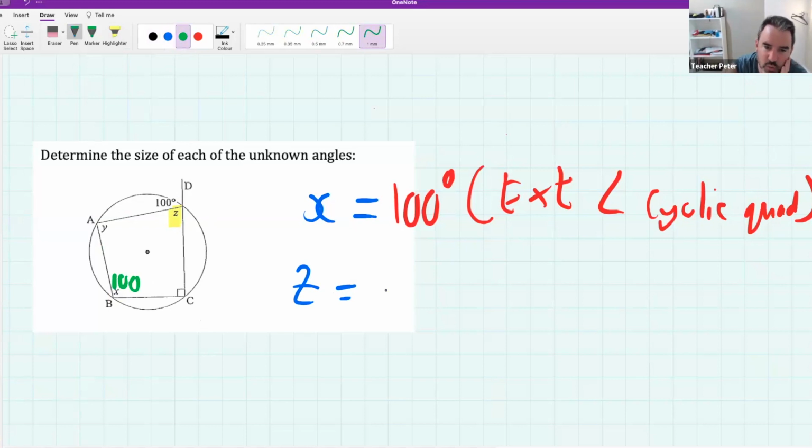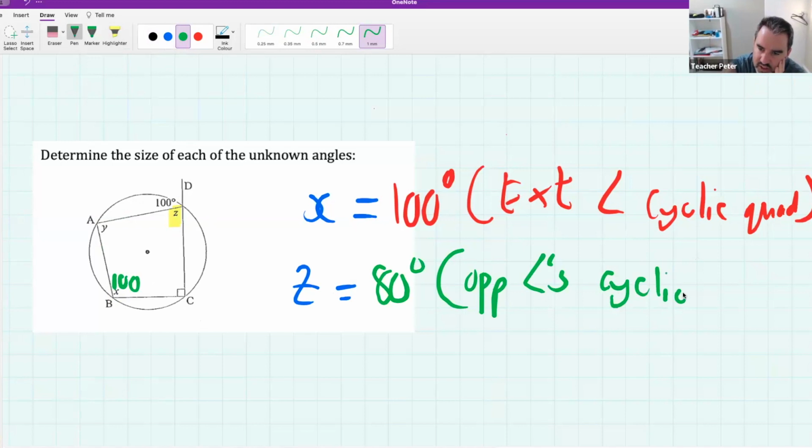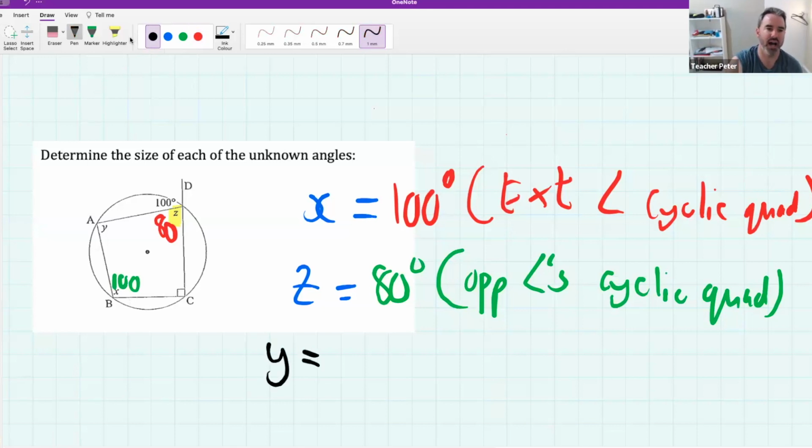It's going to be equal to 80. And the reason is going to be opposite angles cyclic quad. Now, we know that the opposite angles of a cyclic quad are not equal, but they are supplementary, or they add up to 180.